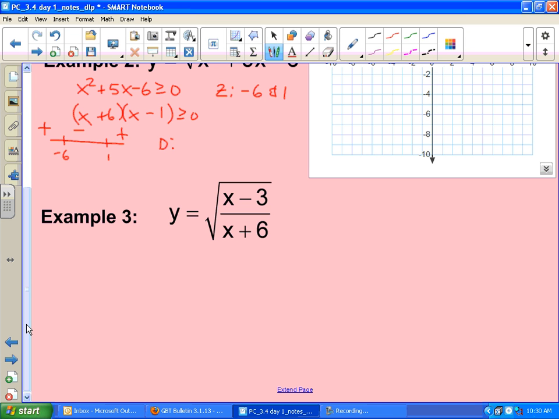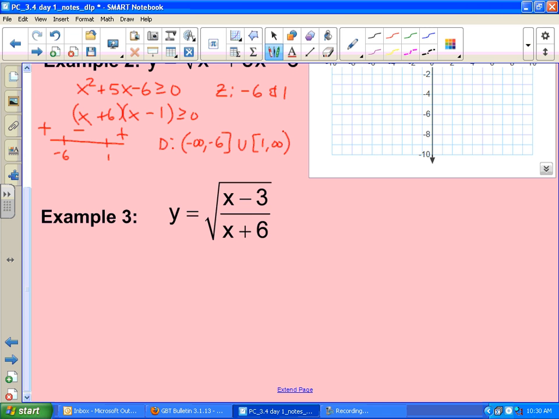X is. Okay, look at the pluses. Where are the pluses? On the outside. Okay, so explain that. Describe what that means. Would it be negative infinity, negative 6? Exactly. Negative infinity to negative 6. Close it on a negative 6 because I can be equal to 0 there. Union with bracket 1. 1 to infinity. There you go. There's your domain for that guy.